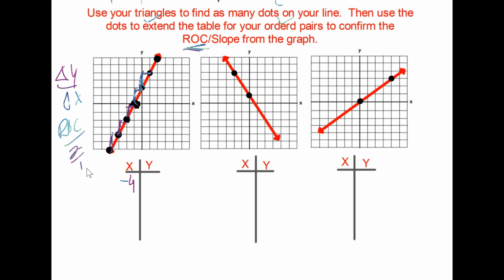So -4. And then that is 1, 2, 3, 1, 2, 3, 4, 5, 6. Boy, I can't count. 1, 2, 3, 4, 5, 6. So that's -4, -6. And then the next dot would be over 1, 2, 3.